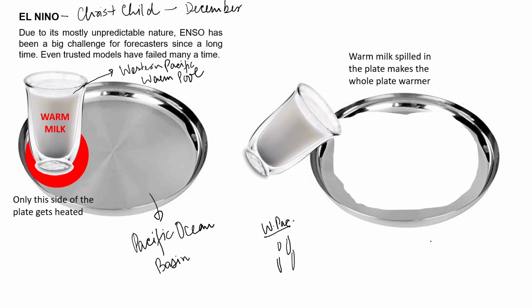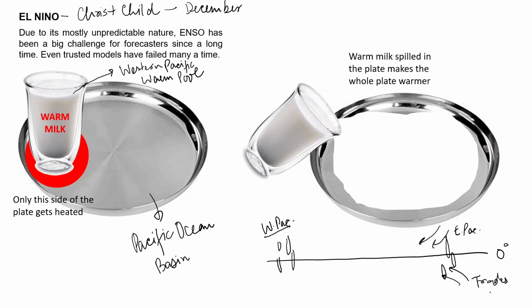Let me draw a schematic diagram. If this region is the western Pacific and this is the eastern Pacific, and let us say that this is the equator, 0 degree, these are the trade winds. The arrow represents the trade winds.